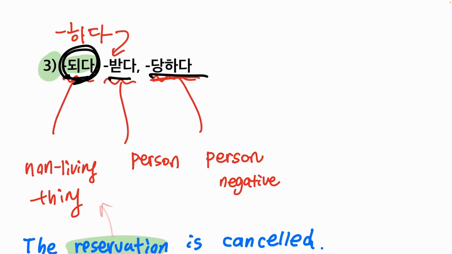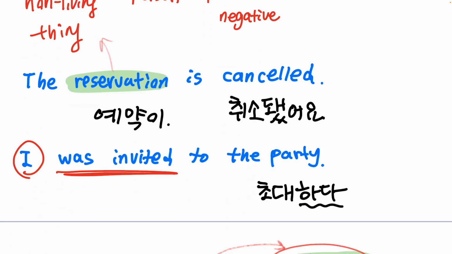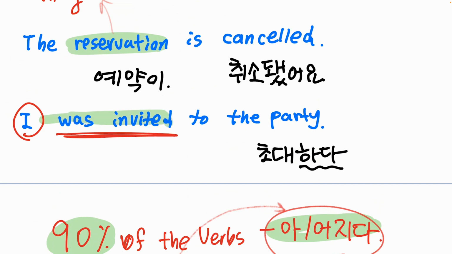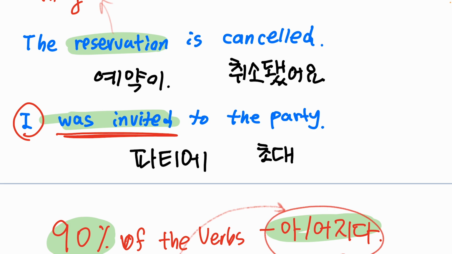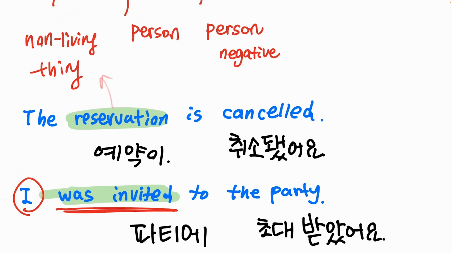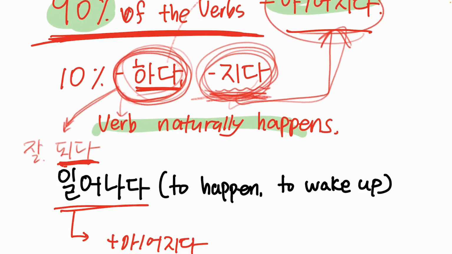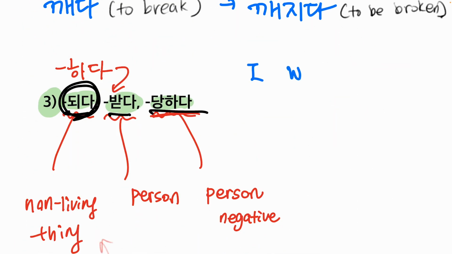It makes most sense to use 받다 because 당하다 is for something negative, and invitation is not a negative thing at all. So you can say 파티에 초대받았어요. 파티에 초대받았어요.